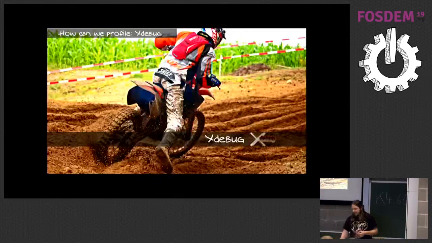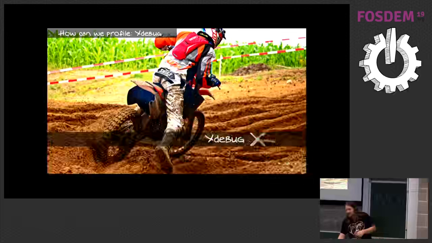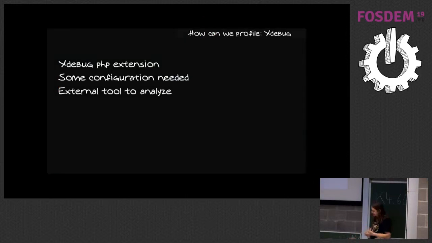So first, Xdebug. Who of you knows that you can profile with Xdebug? Oh, that's already quite a lot. So Xdebug is an extension for PHP. Usually we use it for debugging, but it also provides us with profiling. It needs a little bit of configuration to allow you to profile, and you need an external tool to analyze what it creates.